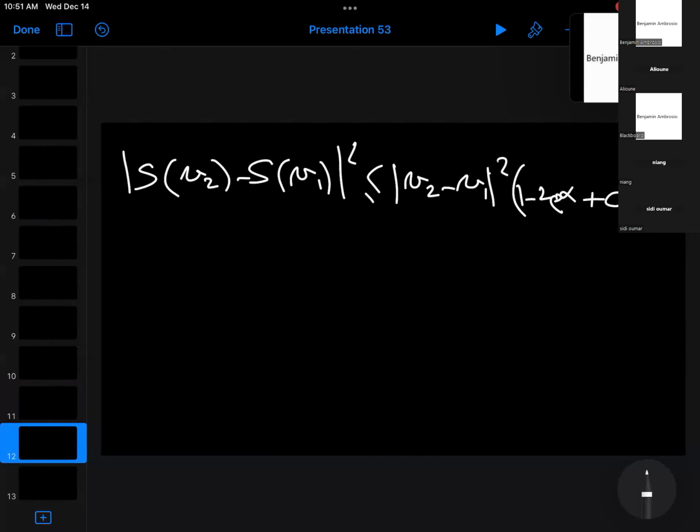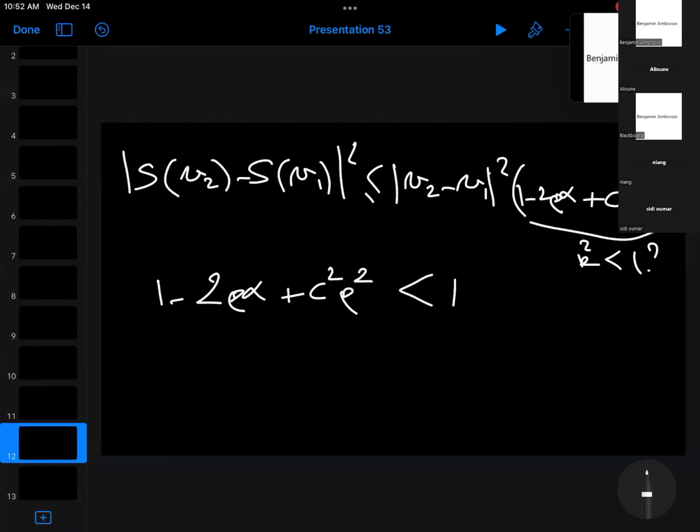So to apply my contraction theorem, I need just that to be less than 1. I can call it k squared, and I would like it to be less than 1. So is it possible to make 1 minus 2 rho alpha plus C squared rho squared less than 1? This is equivalent to minus 2 rho alpha plus C squared rho squared less than 0.